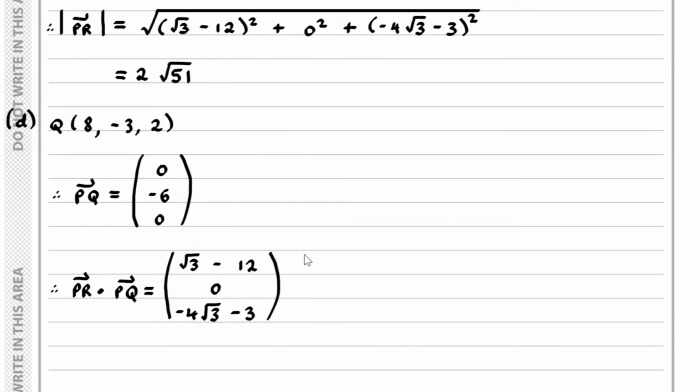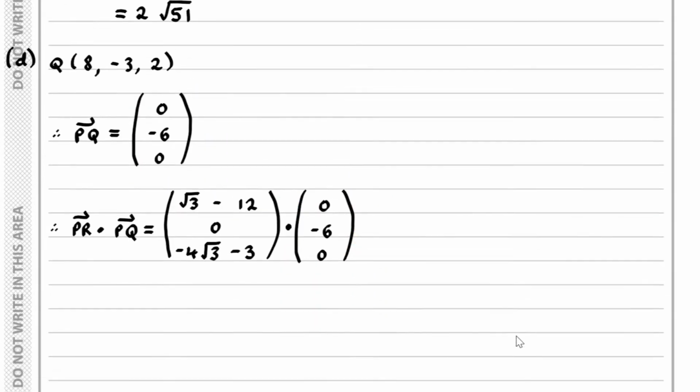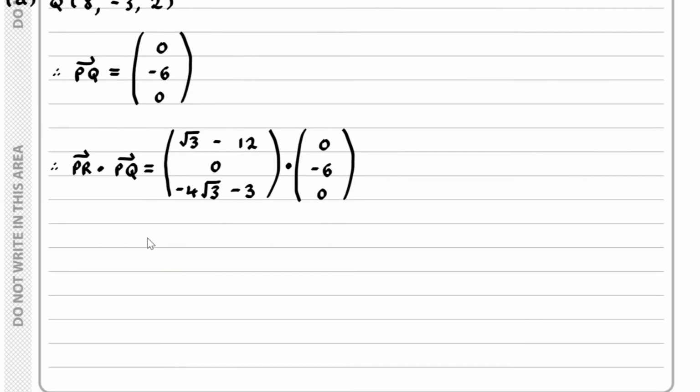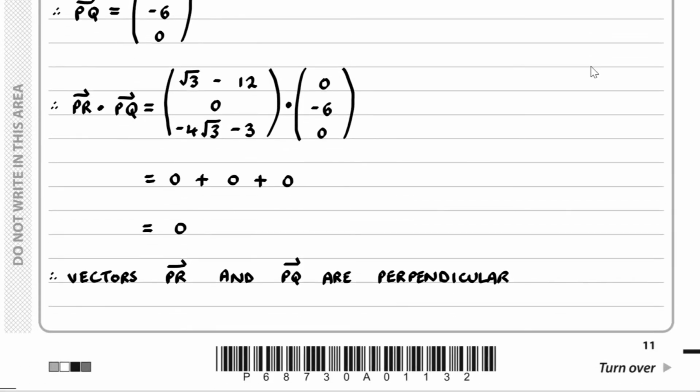And then we dot this with PQ. And it turns out we have 0 plus another 0 plus 0, which is equal to 0. And so therefore, the vectors are perpendicular.